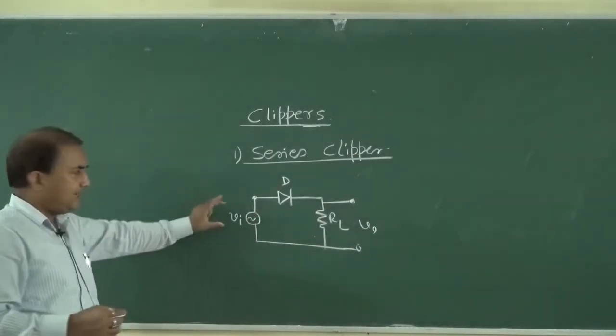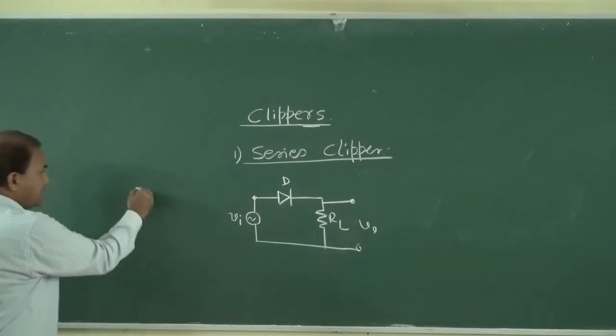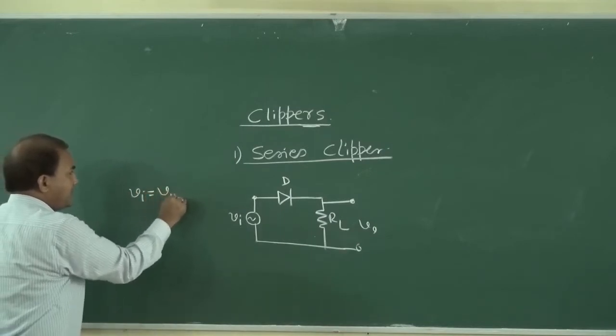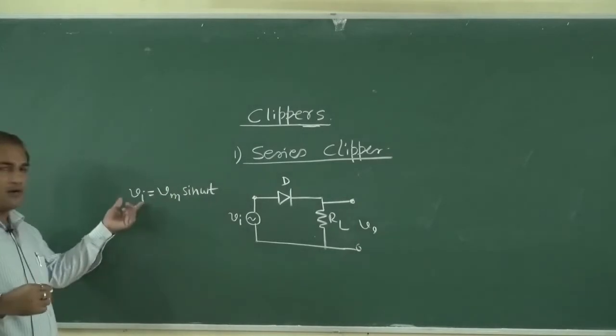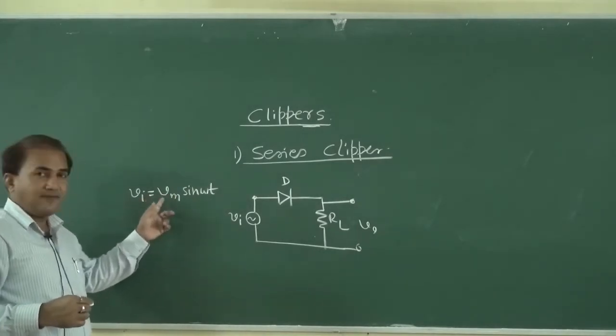Here Vi is the input, so we can express Vi equal to Vm sin omega t. So the peak amplitude of Vi is Vm.